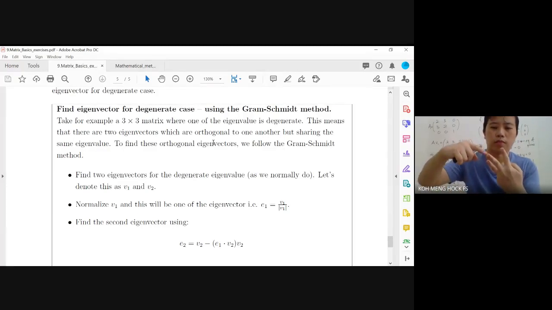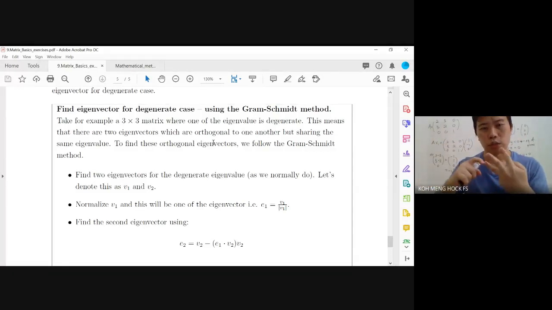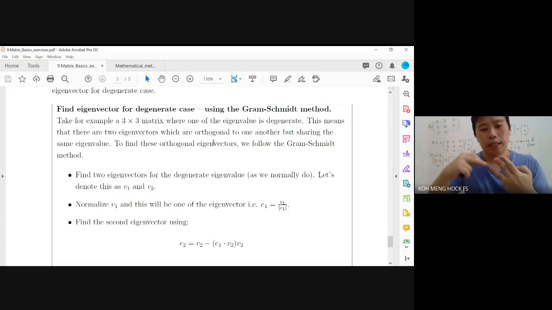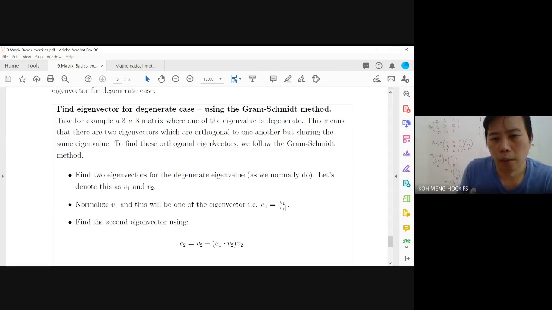You take V1 and V2, and you use the Gram-Schmidt method in order to find V3. So at the end of the day, you have 3 eigenvectors which are orthogonal to one another. Although 2 of the eigenvalues are degenerate, the eigenvectors should be orthogonal.